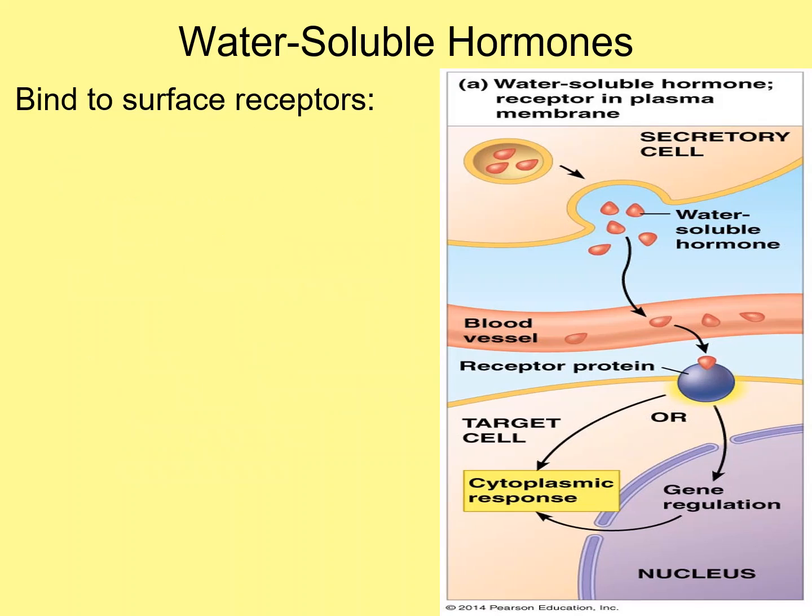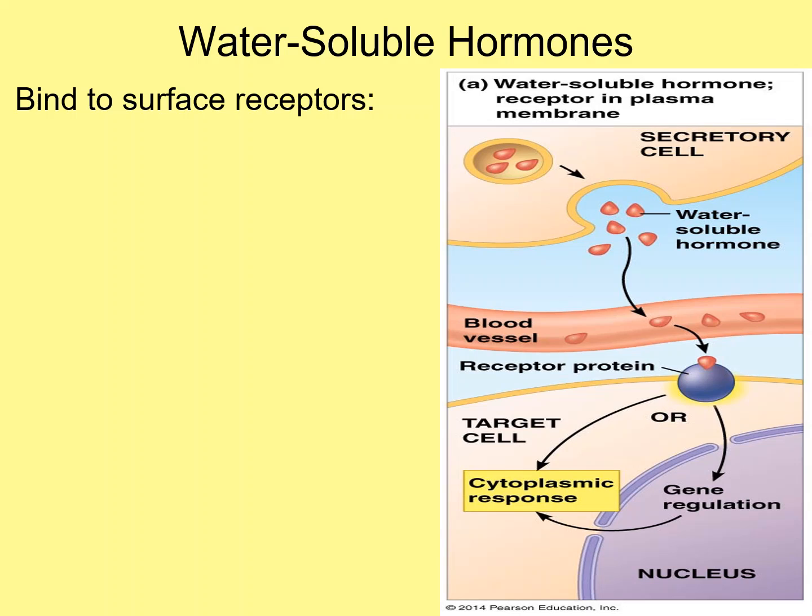Okay, so because water-soluble hormones really cannot cross the plasma membrane without help, this means that to affect any changes in their target cell, they are usually binding to receptors on the outside of the cell, right?